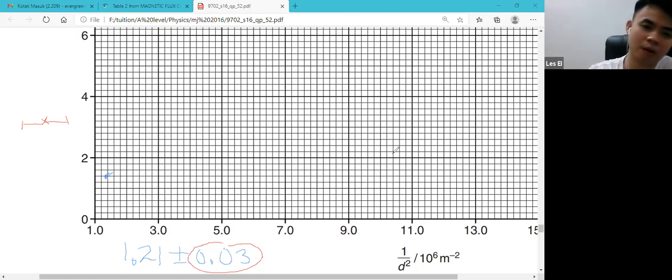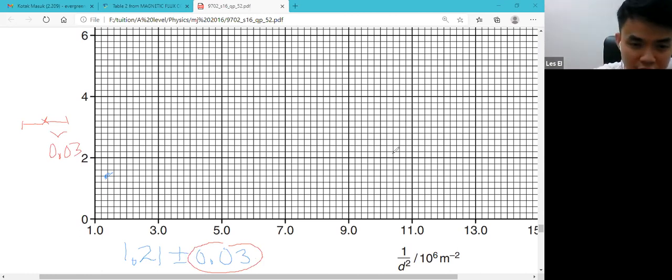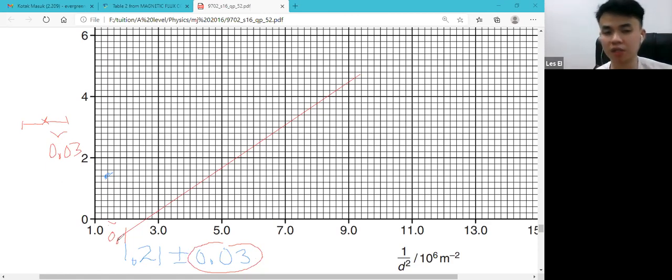Okay. The width of this has to be 0.03. It will be kind of difficult for us to draw because one box right here is how much? 0.1, right? It is 1.0 and then 1.1, 1.2, 1.3, 1.4, 1.5, right? Do you understand what I'm talking about? So to get 0.03 is kind of difficult.